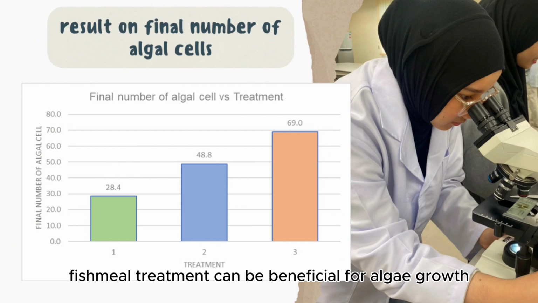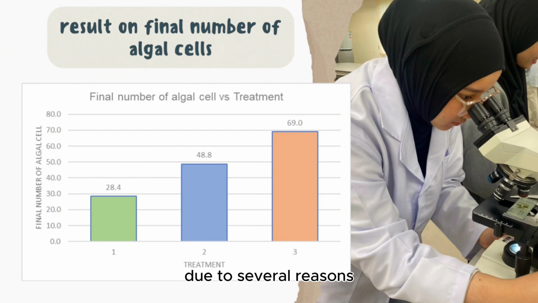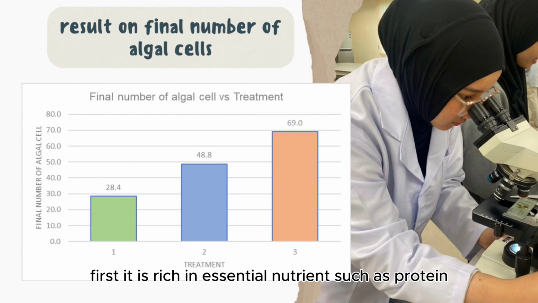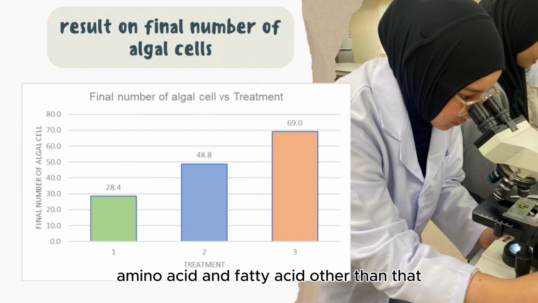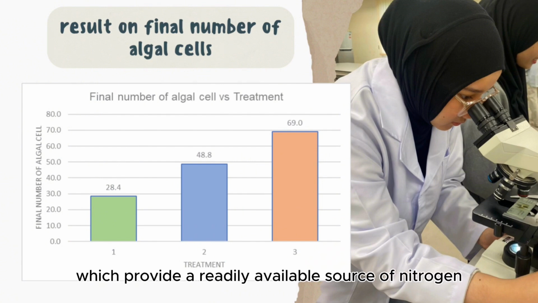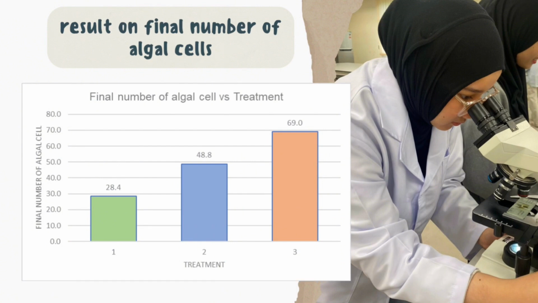Fish meal treatment can be beneficial for algae growth due to several reasons. First, it is rich in essential nutrients such as protein, amino acids, and fatty acids. Other than that, fish meal is also high in protein, which provides a readily available source of nitrogen.